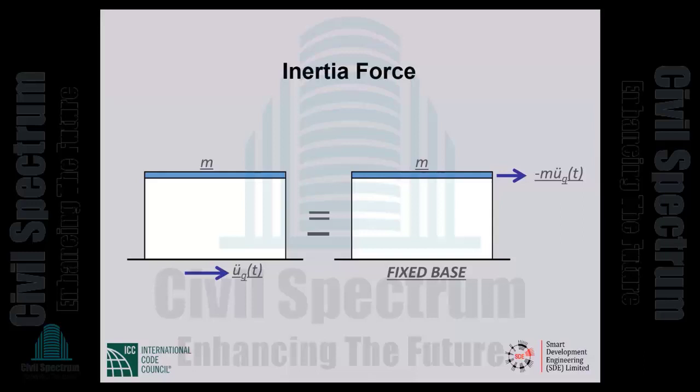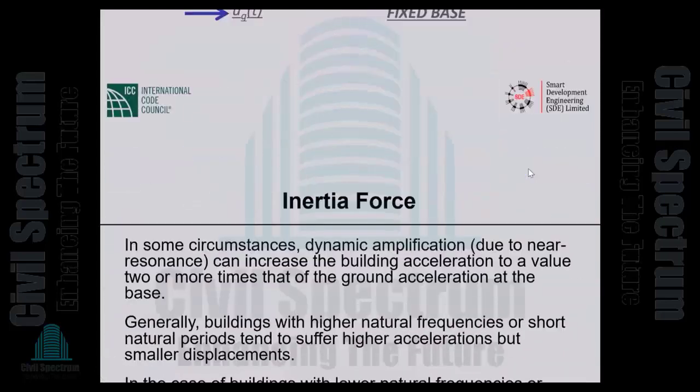U sub G double dot is acceleration of the ground. The inertia force at mass m is the mass multiplied by the acceleration, except that the inertia force is in a direction opposite to that of the ground acceleration. That's what the negative sign tells you.